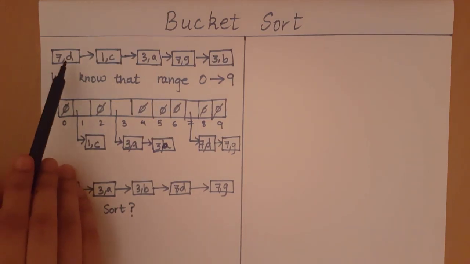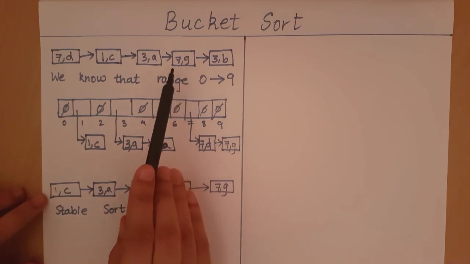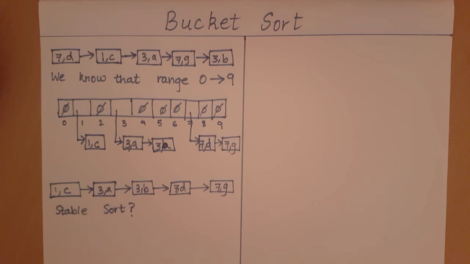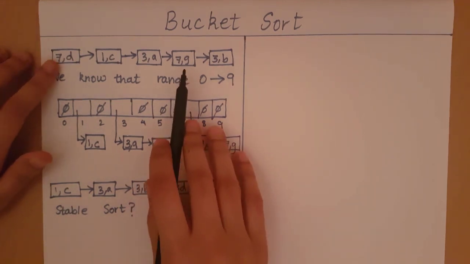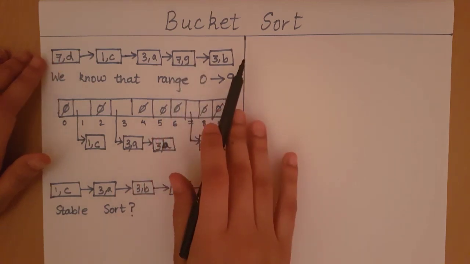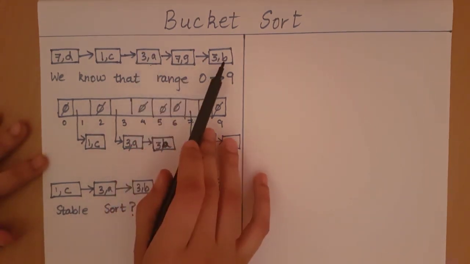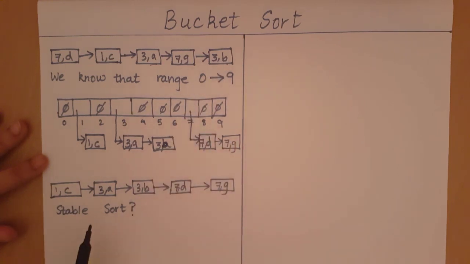So 7D comes before 7G. D will come before G in the initial list, and so D will come before G in the final list as well. Over here, A comes before B in the initial list, and so in the sorted list, A will still come before B, even though the number with which we are performing our sort is equal.